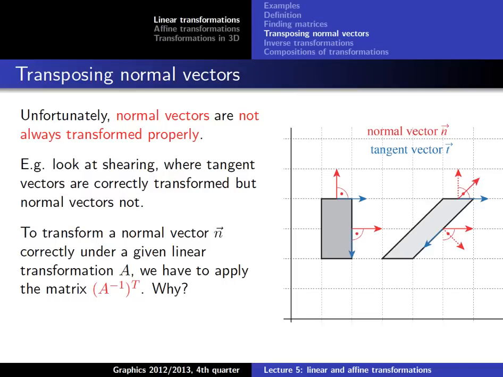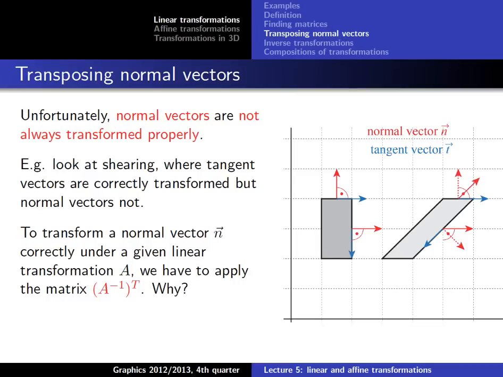Now we can apply this transformation to all kinds of vectors. If we have a more complex object, like for example this rectangle here, we can apply it to all vertices, and then we can make a transformation of that object. That works very well, and it works in all cases, but there is of course one issue.